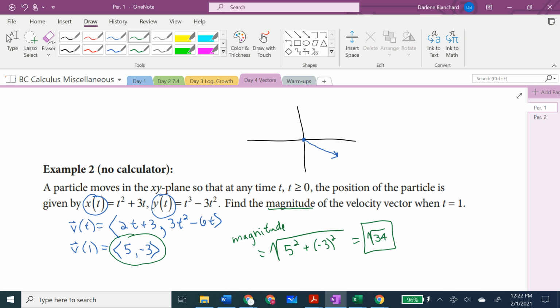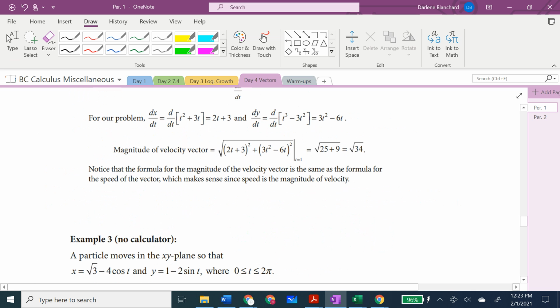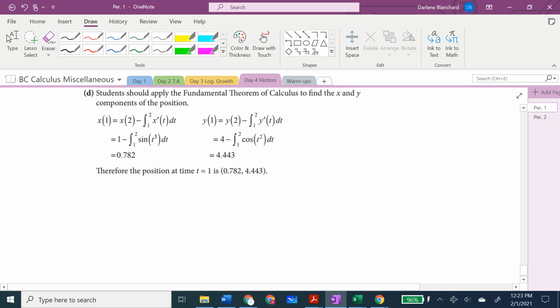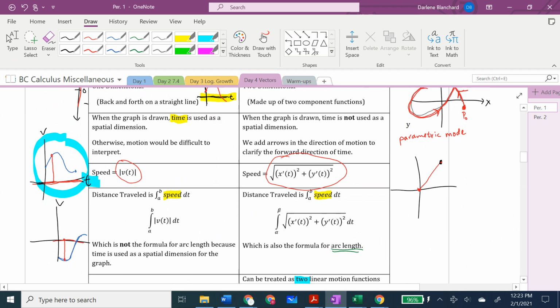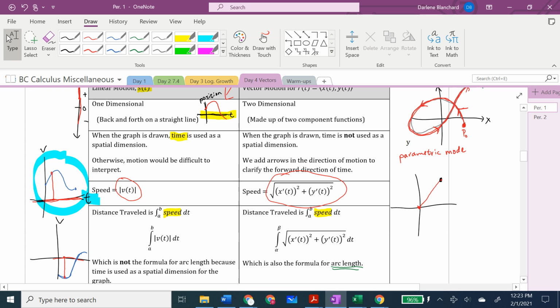The magnitude of your velocity vector is speed. And now I'm going to compare speed. And whoops, going the wrong way. This was the way I intended to go. I want to compare our speed formulas between our linear motion and our new two-dimensional motion.